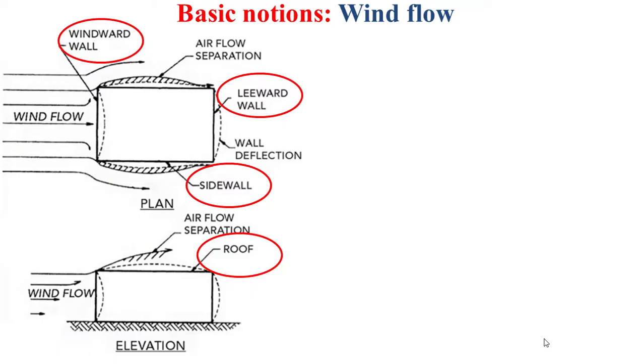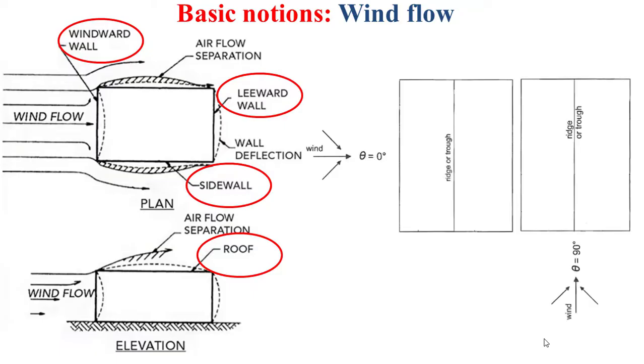It's to note also that two wind directions are considered, as depicted by the figure that you see on the right of this slide. The first wind direction is called theta equal to 0 degrees, and the second wind direction is called theta equal to 90 degrees.